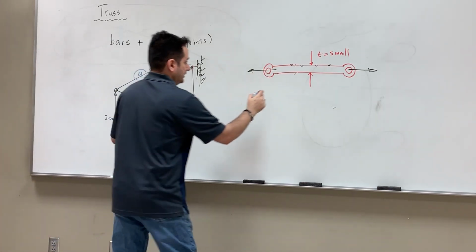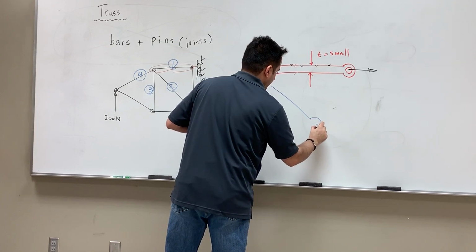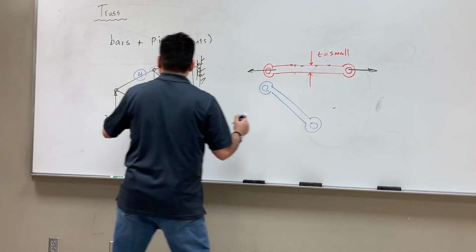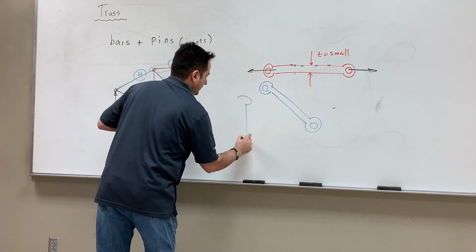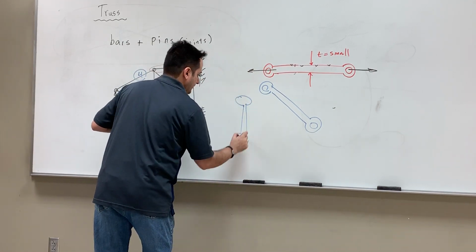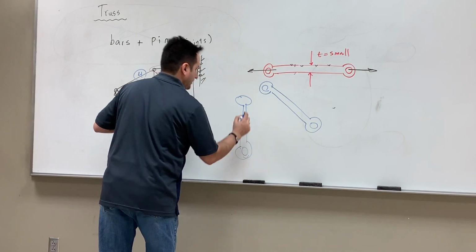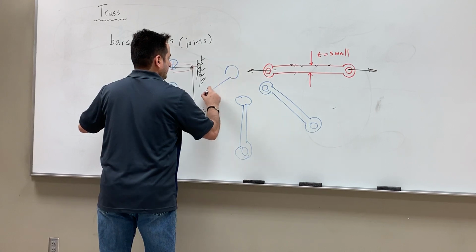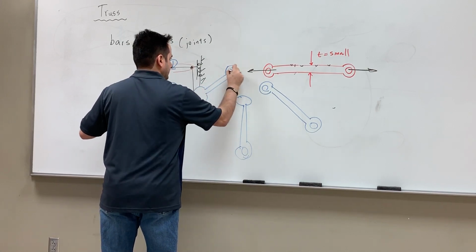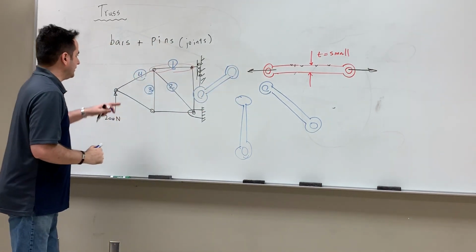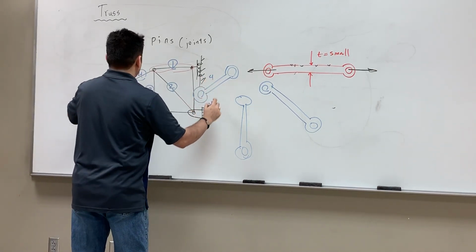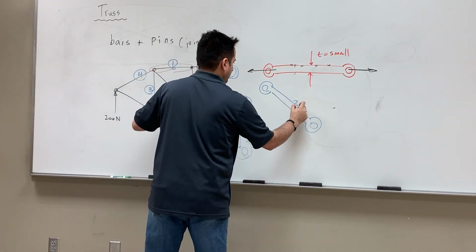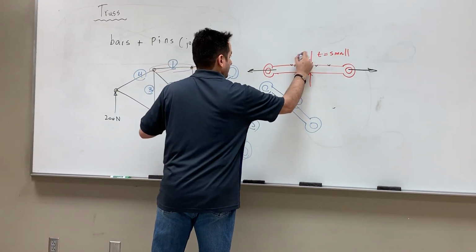Then you have another bar here, another one, and another one there. So this is 4, 3, 2, and 1.